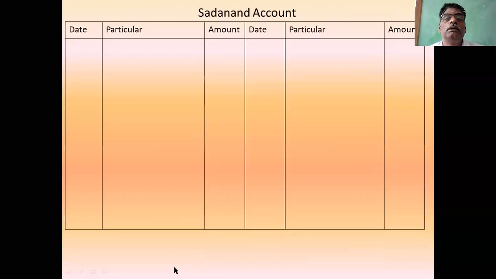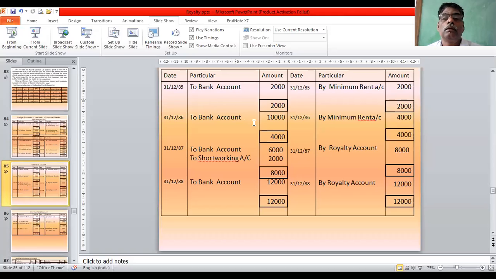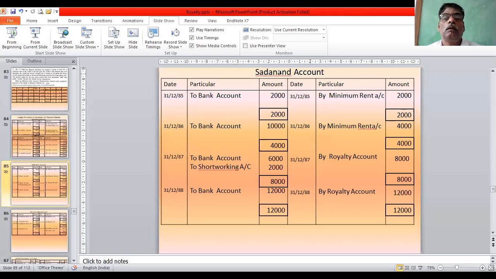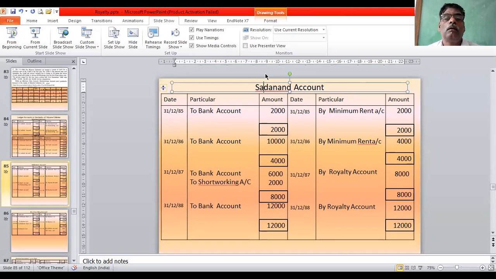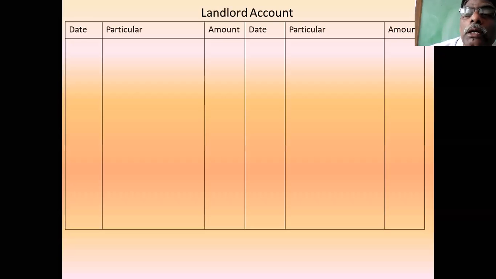Come to the second account, that is the landlord account. In the landlord account, we write debit side to bank, credit side royalty. I already told this.